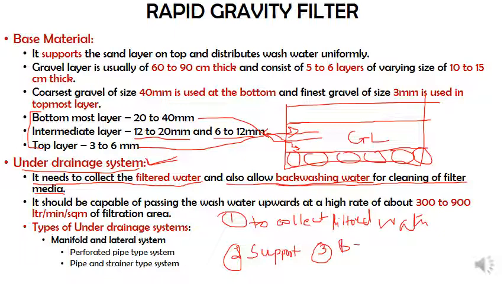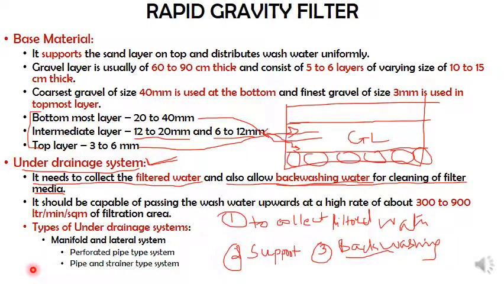This is one new thing which comes up in the rapid gravity filter, that it should be able to withstand this backwashing. It should be capable of passing the wash water upwards at a rate of about 300 to 900 liters per minute per square meter of filtration area.